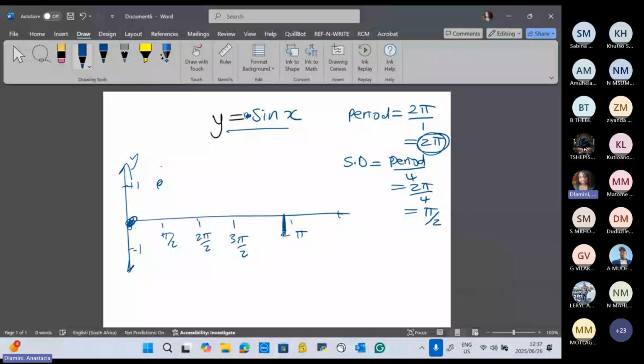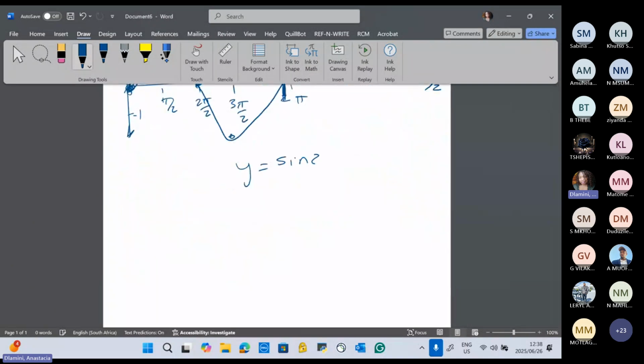Now, if I have a 2, now y is equal to sine of 2x. I know my sine has a period of what? A period of 2 pi. So then the new period for this one will be 2 pi divided by the number next to the variable, which is 2.